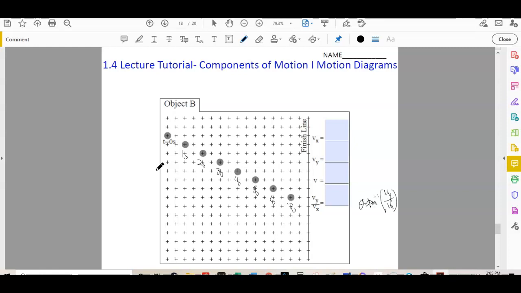All right, how'd you do? Well, the object moved down and to the right, so its overall velocity is this right here.